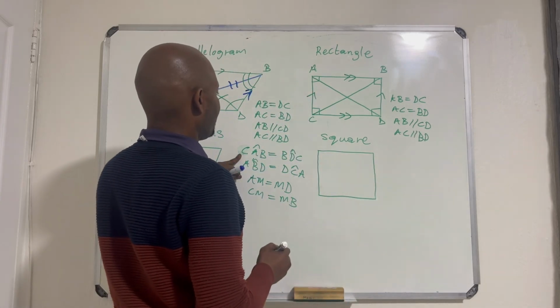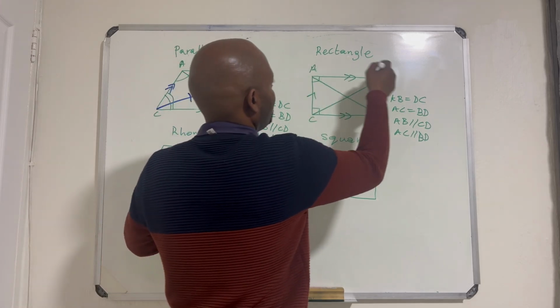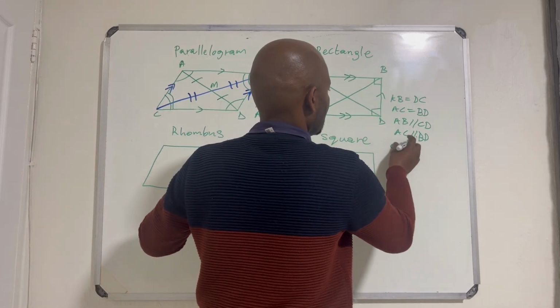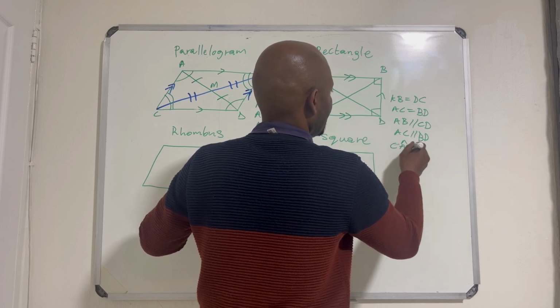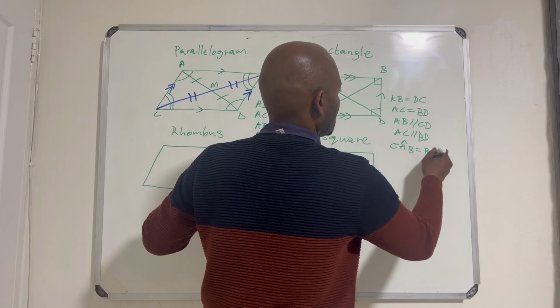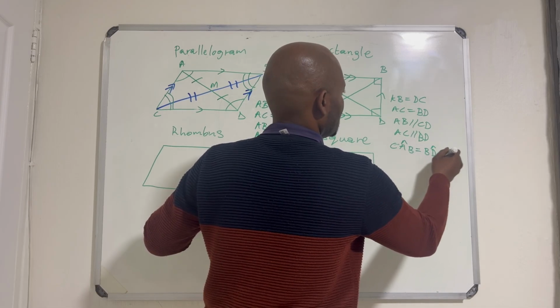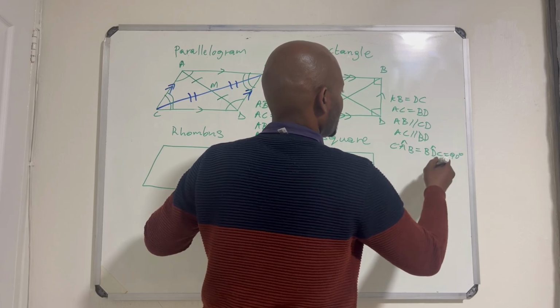We also have angle CAB equal to angle BDC, which is equal to 90 degrees.